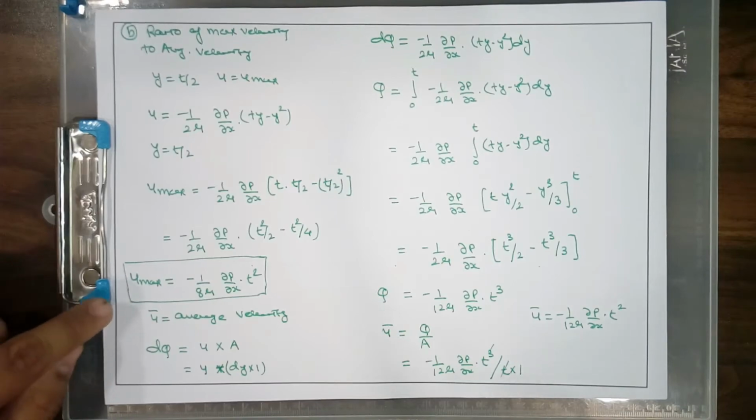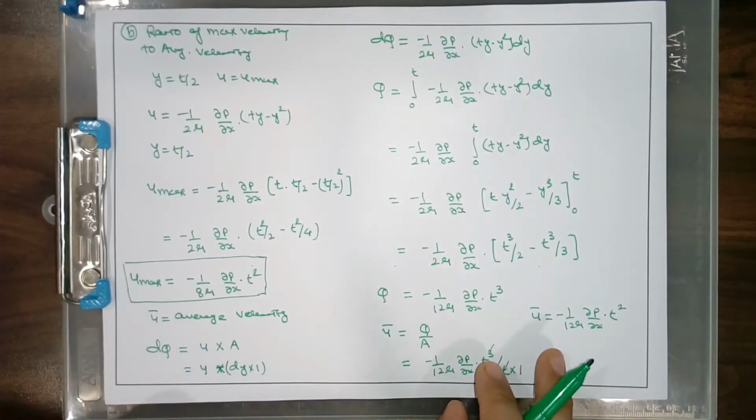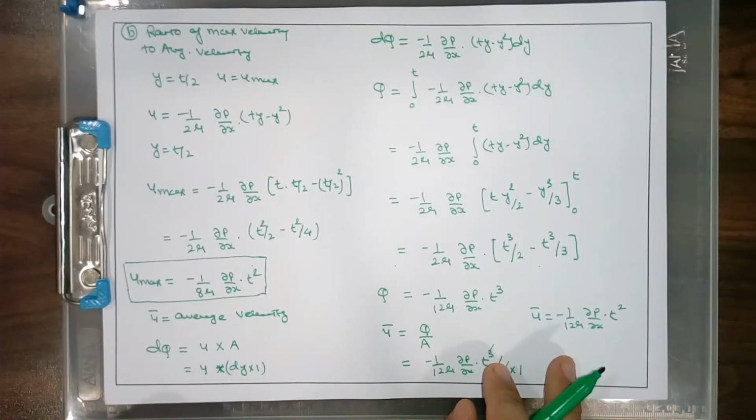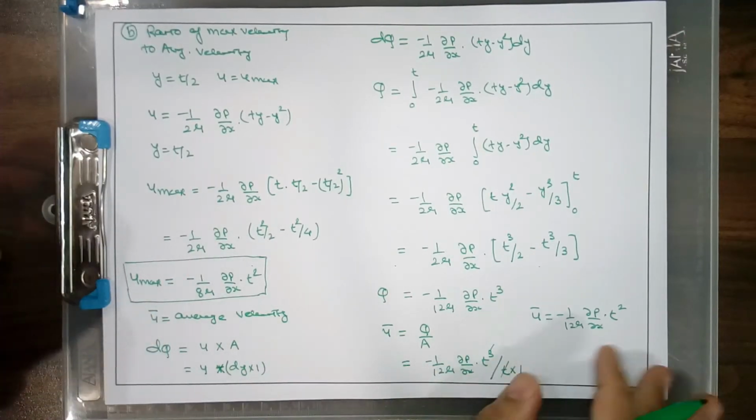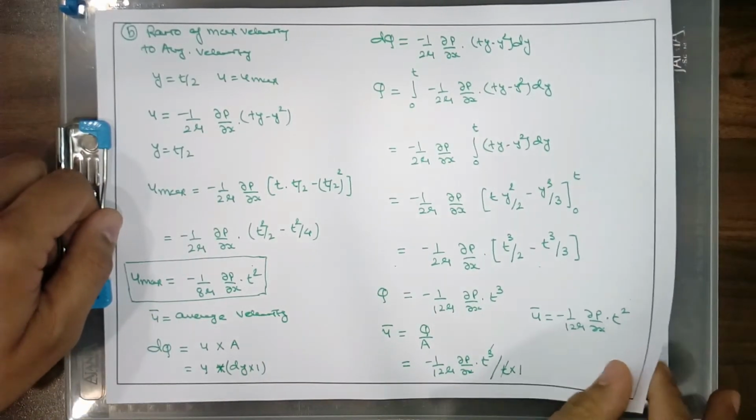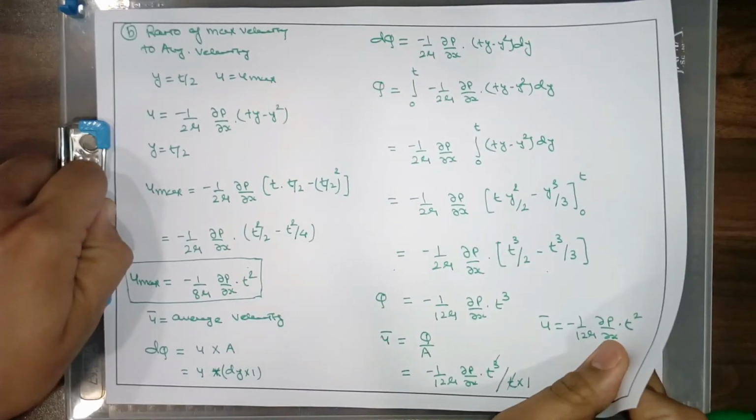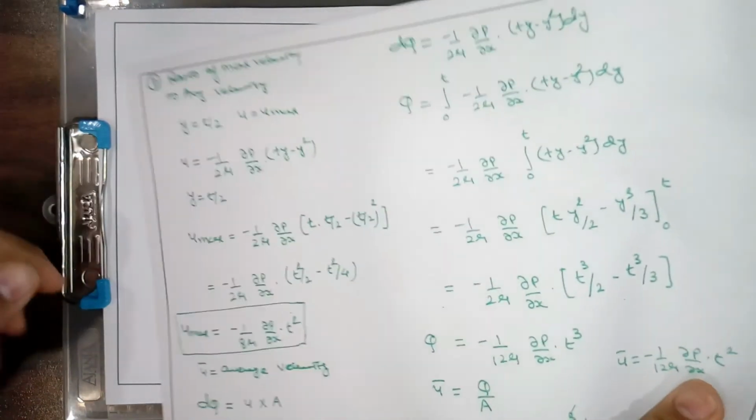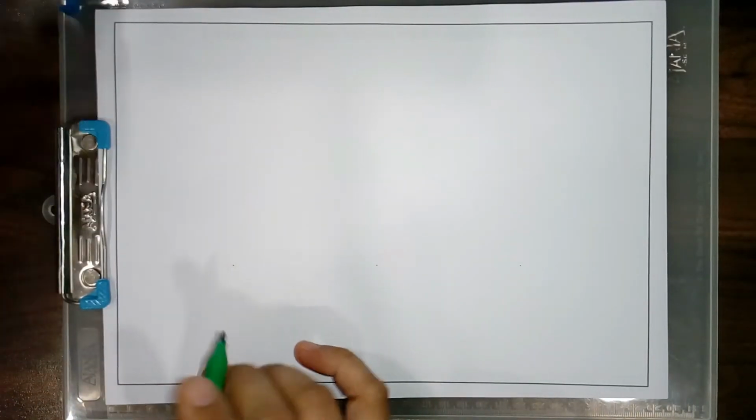Now students, we have the value of u max as well as the value of u-bar, that is average velocity. So we take the ratio of the two expressions to calculate the maximum velocity to the average velocity.